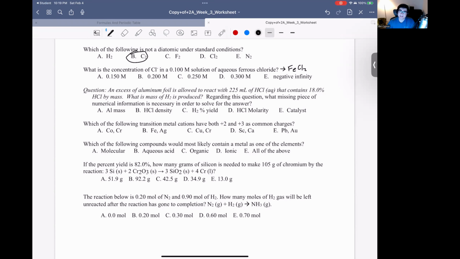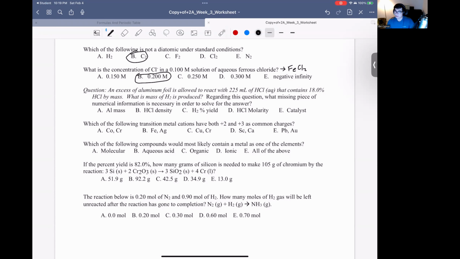So if you know that, you know that there is twice the amount of chlorines, assuming it completely dissolves, twice the amount of chlorines as there are full molecules of ferrous chloride or iron 2 chloride. So if it is 0.1 molar for the whole compound together, if there's 2 chlorines in that whole compound, it doubles, right? So it's 0.200 molar, right?